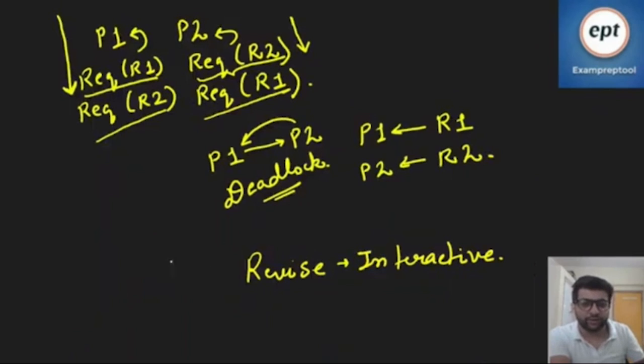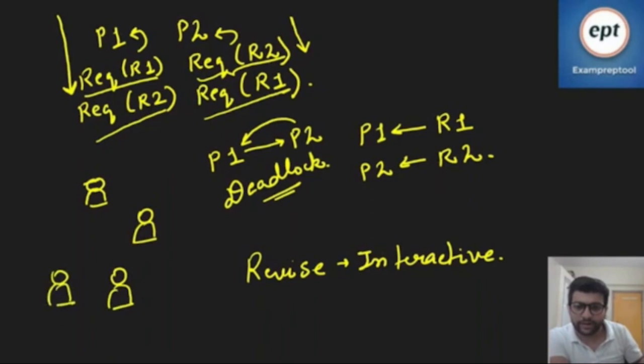Right? What is dining philosopher's problem? In the dining philosopher problem, there are, let's say, 5 philosophers sitting at a table, and there are forks kept on the table.